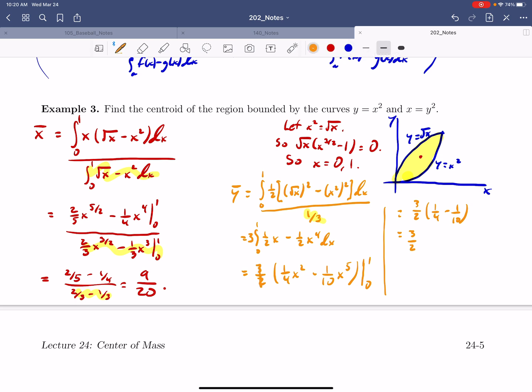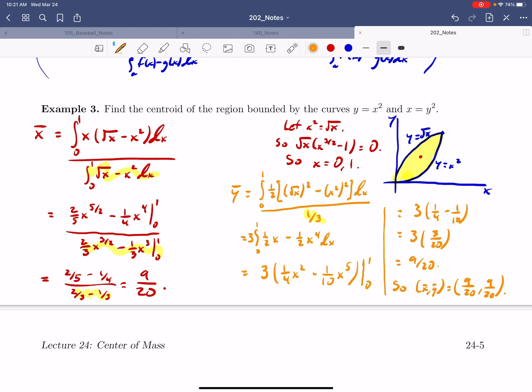This really should just be 3. So it's going to be 3 times 3/20ths, which equals 9/20ths. So x bar, y bar equals 9/20ths, 9/20ths.